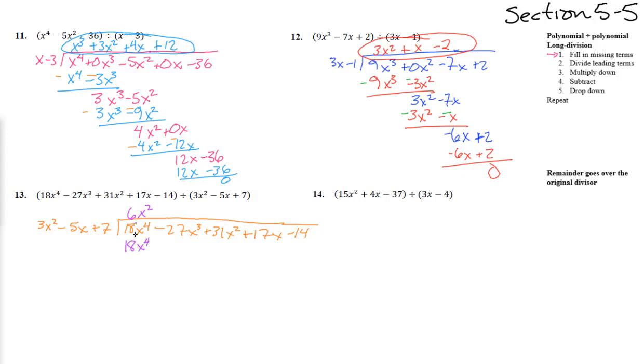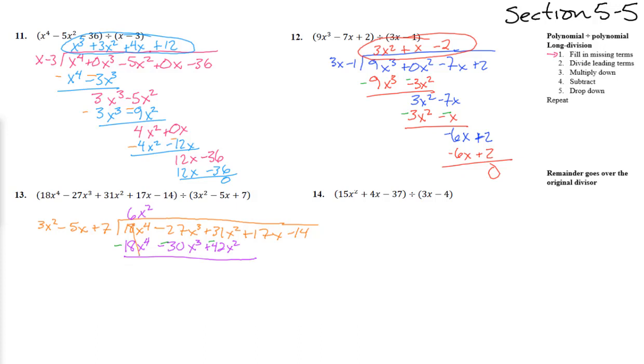Excellent. So when we subtract, that will go away. 6x squared times negative 5x is a negative 30x cubed. 6x squared times 7 is plus 42x squared. And we subtract that.